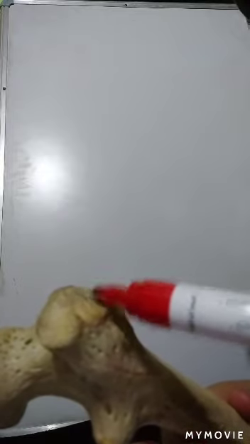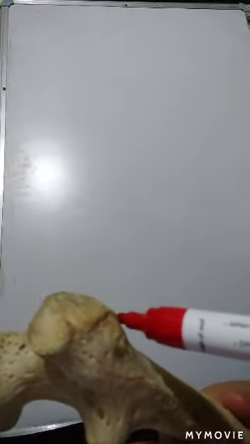A bursa between this muscle and the area is called the trochanteric bursa of gluteus medius. The area posterior to the ridge is related to another bursa, named the bursa of gluteus maximus.